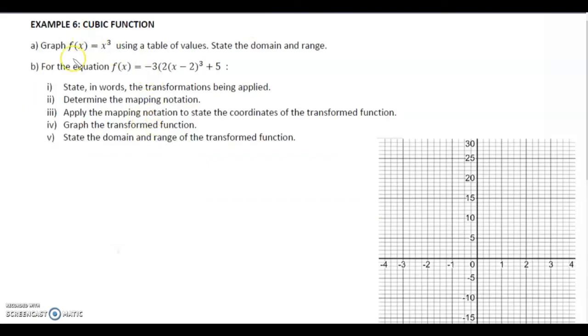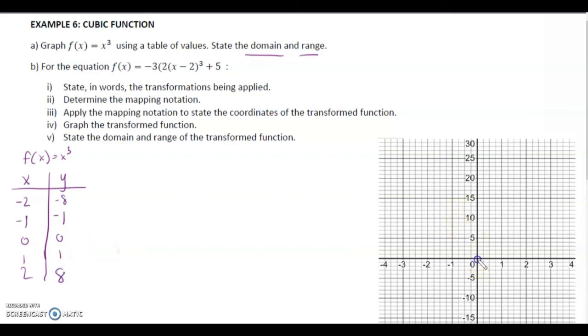Example 6, cubic function. So we're going to graph f(x) = x³ using a table of values and then state the domain and range. So f(x) = x³. We're going to have x and y. We're going to have -2, -1, 0, 1, 2. And we're going to go -8, -1, 0, 1, 8.